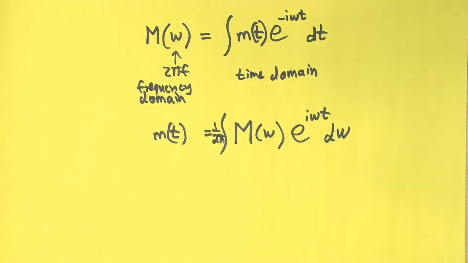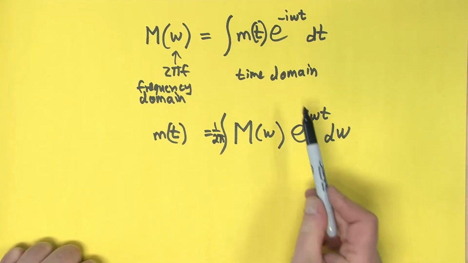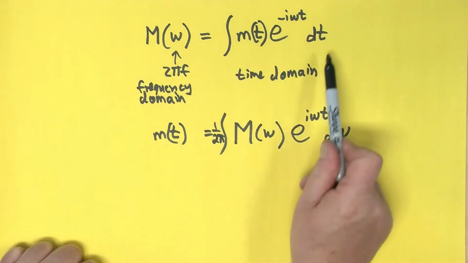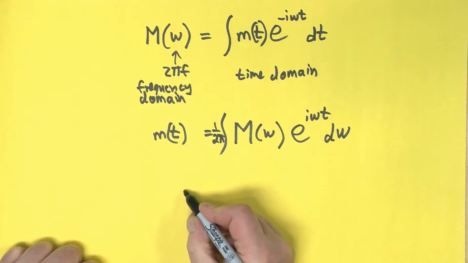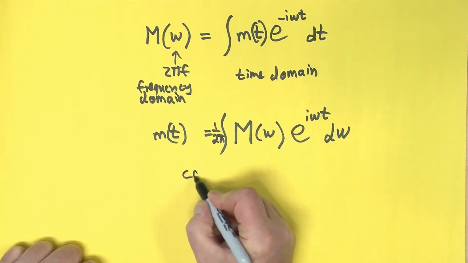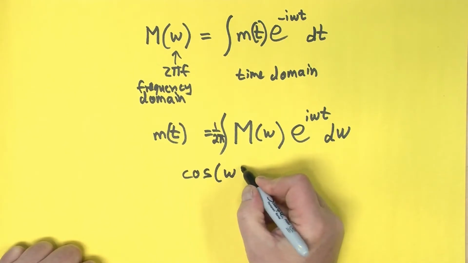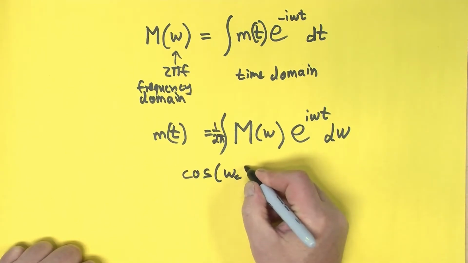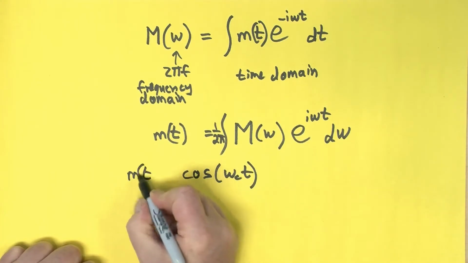Anyway, that's the basic idea of the Fourier transform, and what I wanted to do now is very quickly show you what happens when we take this somewhat shortened equation and apply it to things like cos omega c t, and that's m of t.